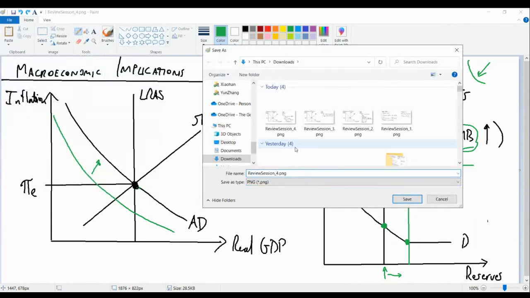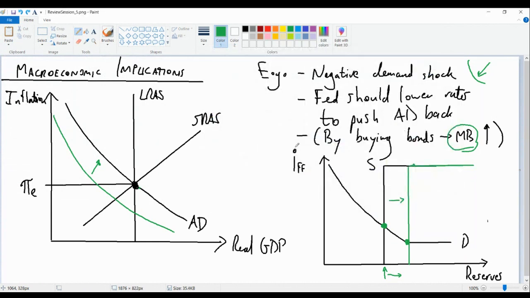Okay, so that's an example of the two things going on simultaneously. If these were normal times and we were in person, the kinds of questions I might ask you might involve drawing this picture and then this one, both related to the same shock.